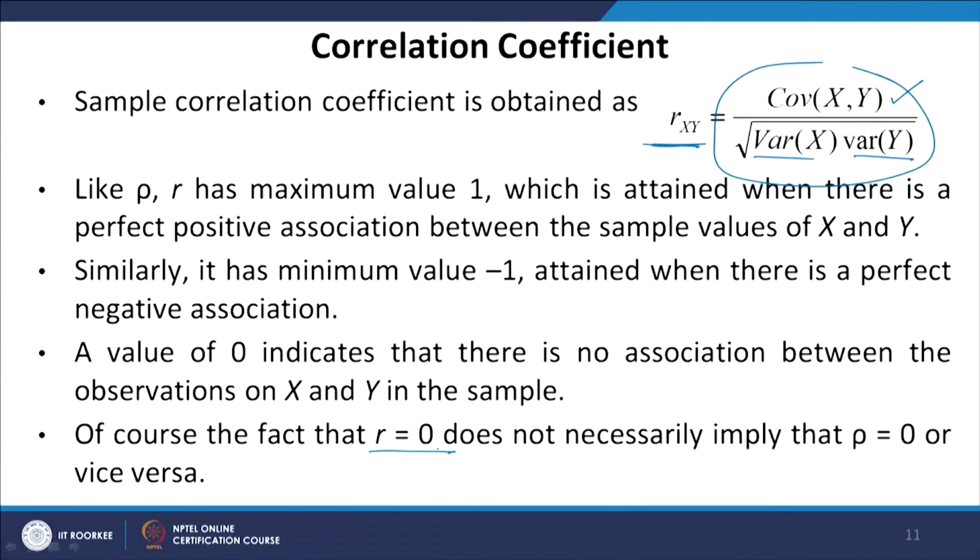So, that is why it is said that R equals 0 does not necessarily imply that rho equals 0. A sample correlation of 0 does not necessarily imply that population correlation is also 0 or vice versa. So, a non-zero sample correlation does not necessarily imply a non-zero population correlation.